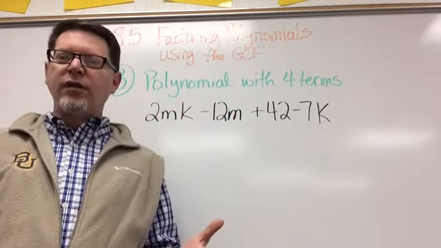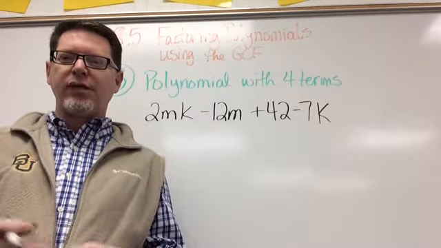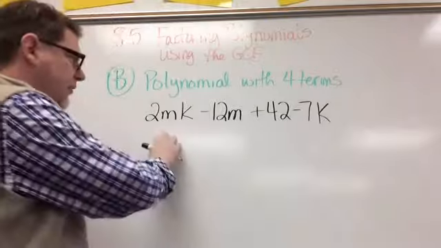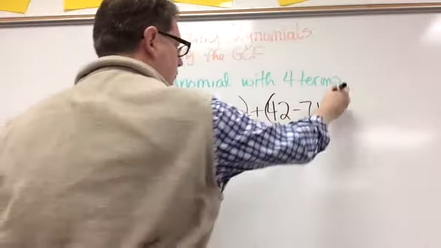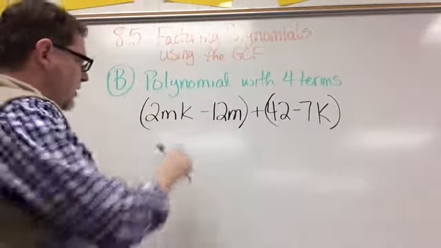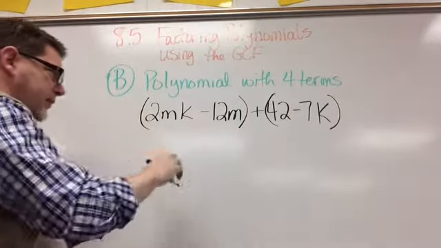And we're going to do one more example of a polynomial with 4 terms, because there's going to be a little snafu in here that we need to fix. Okay? So I've got 4 terms. I'm going to group them. Plus sign, so the plus sign stays outside the parentheses. So now I'm going to find the greatest common factor between 2mk and 12m.